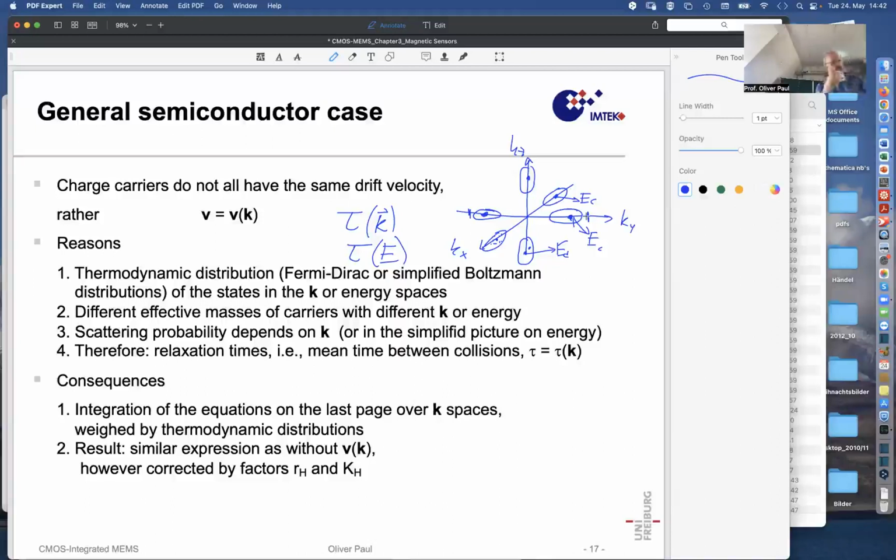So there is an energy dependence on this relaxation time, and there are theories underlying that due to Herring and others. Herring is the physicist at Bell Labs who developed those theories for the first time.